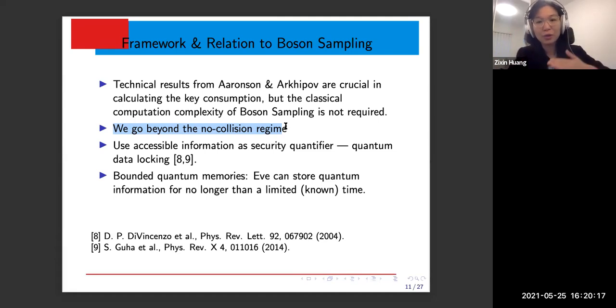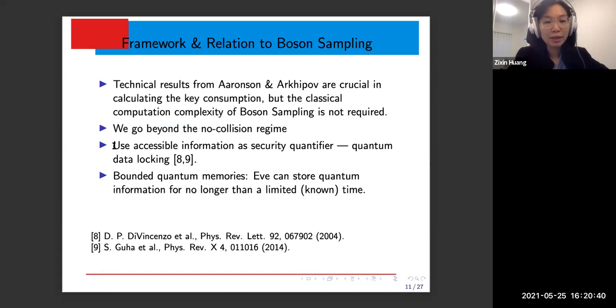But obviously that becomes very inefficient in terms of the number of modes that you're using. So we go beyond that later, and we end up injecting a number of photons which is similar to the number of modes.